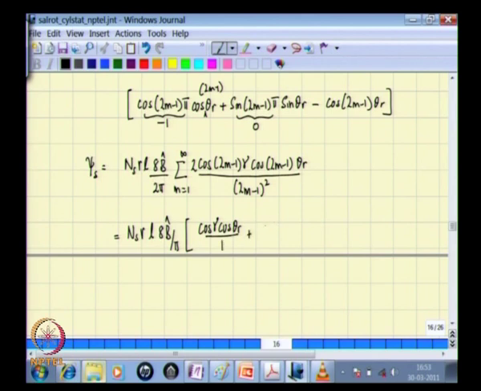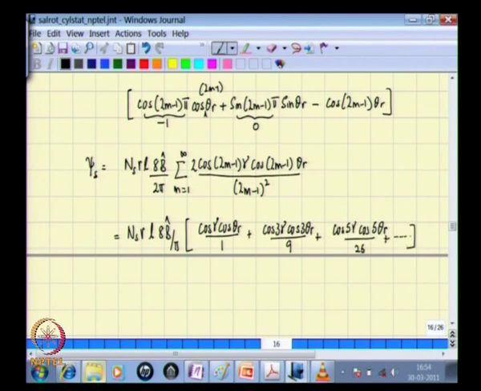For m equal to 2, you have cos 3 gamma cos 3 theta r by 9, plus cos 5 gamma cos 5 theta r by 25 plus so on.